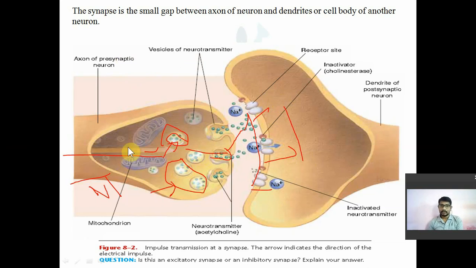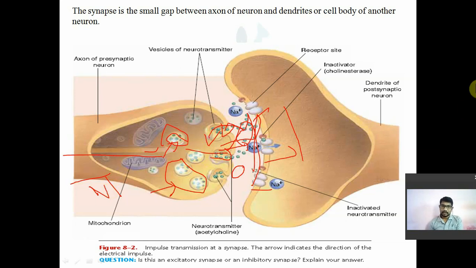Now whatever neurotransmitter is released over here, part of it will act on this receptor. Part of the neurotransmitter will be metabolized over here only, by its metabolizing enzyme, and some part of the neurotransmitter will be taken back by the reuptake mechanism. So out of the neurotransmitter released here, some will act on its receptor, some will be metabolized locally by metabolizing enzymes, and some will return back into the vesicles. So the return back mechanism is the reuptake.